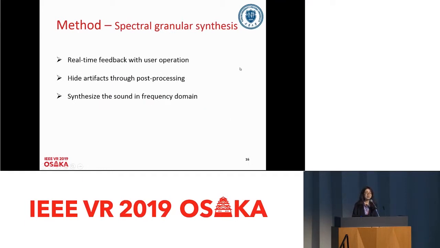Then we will synthesize our final sound. Since in VR applications the sound synthesis is real-time feedback to user operations, it is impossible to hide artifacts through post-processing, such as smoothing envelopes. Therefore, we synthesize the final sound in the frequency domain.